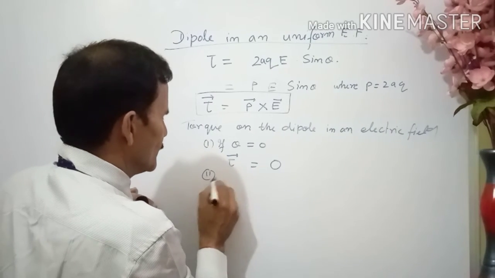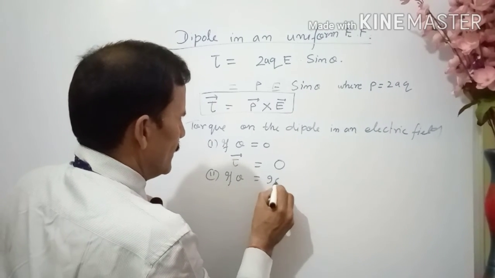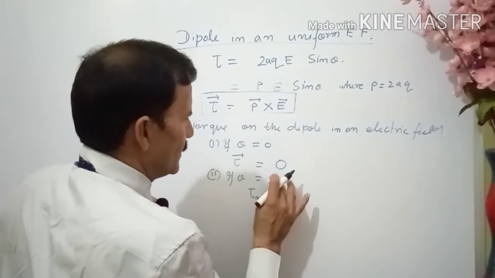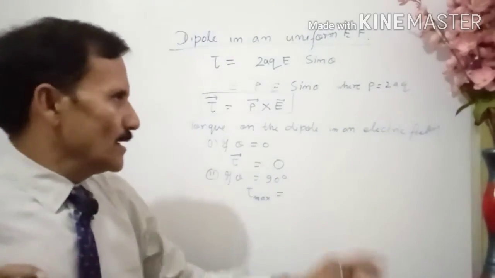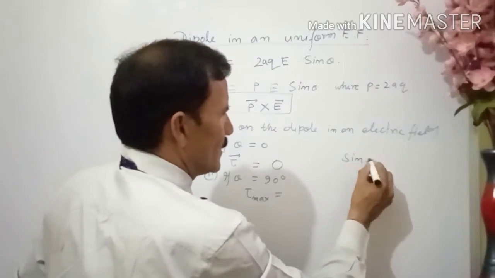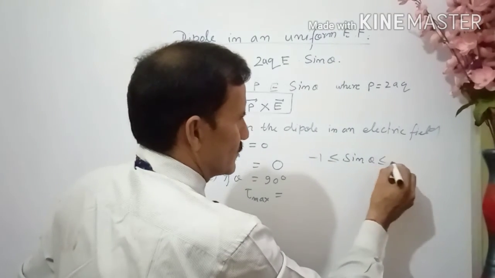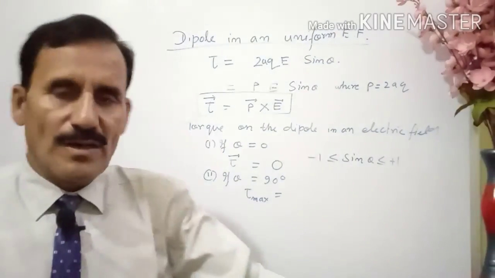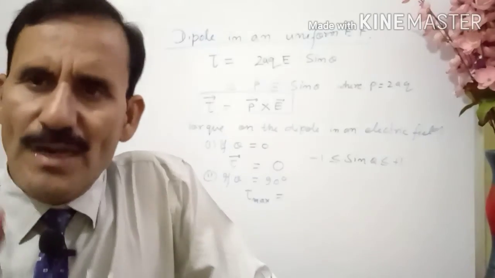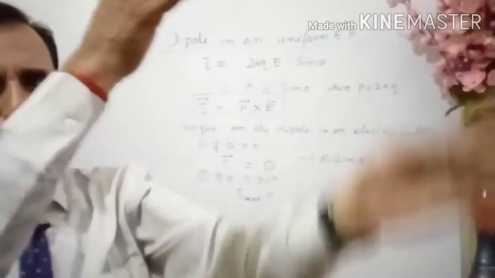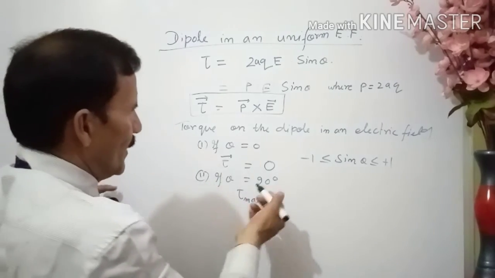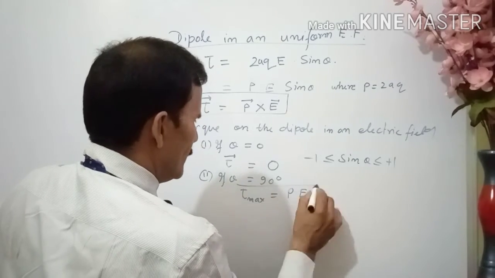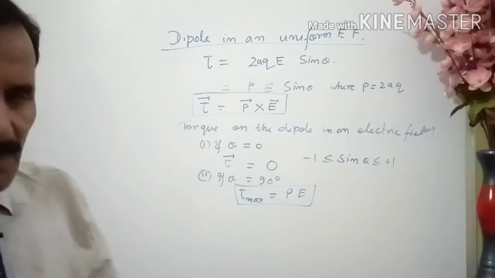And if theta is 90 degrees, you get the maximum torque, because at 90 degrees the value of sin theta is maximum; sine varies from -1 to +1. So when the dipole is perpendicular to the electric field, tau is maximum and equal to pE. So this is the maximum and minimum.